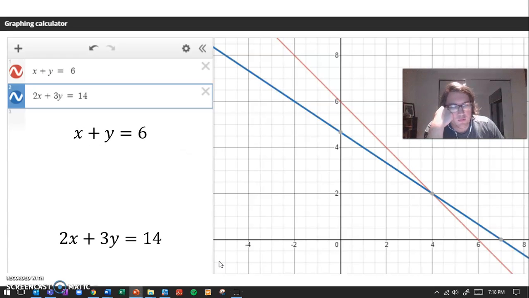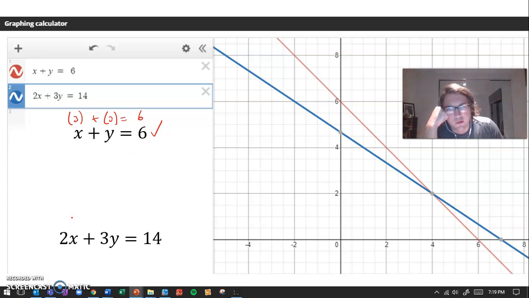So if you look at these two equations here, there's a value for x and a value for y which makes both of these equations true. In the first equation, if I said x is 3 and y is 3, that would make it true because 3 plus 3 is 6, and that makes the left-hand side equal to the right-hand side.